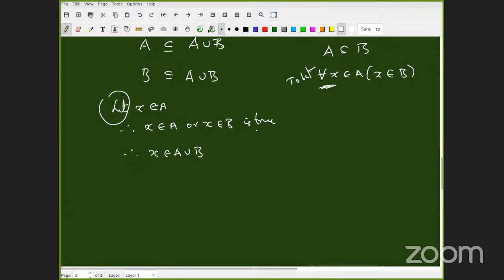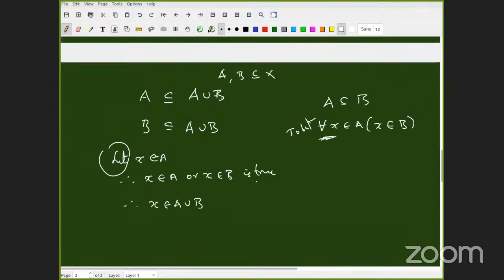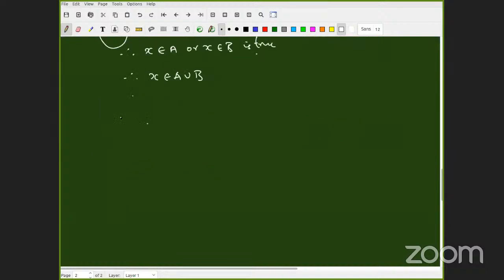How do I start the proof? When I say for all x in B, x in A or x in B, this is what you want to prove, right? Or x in A union B. I'll write this. This is what I want to prove, but this is a true or false statement. I'm not giving any proof. What computer people call a logical statement.